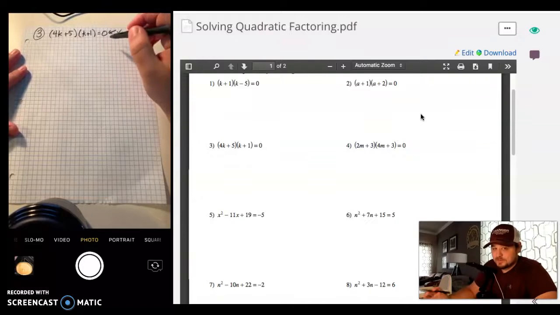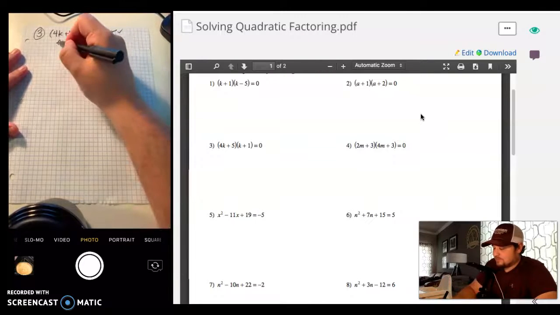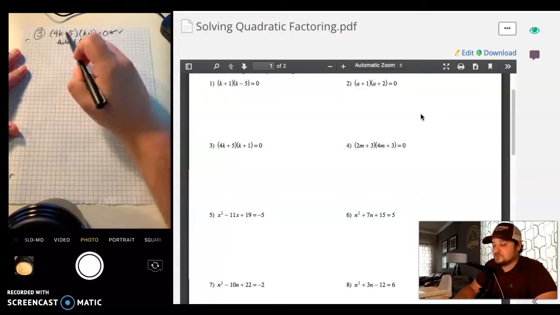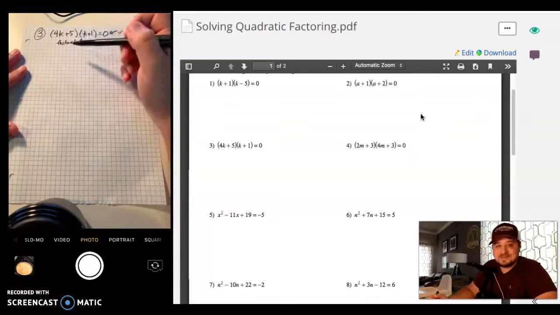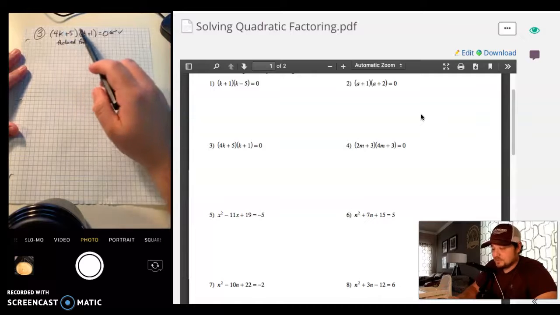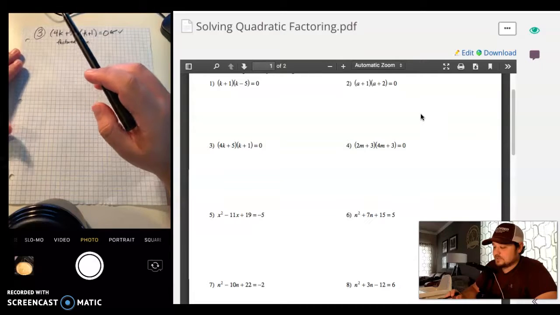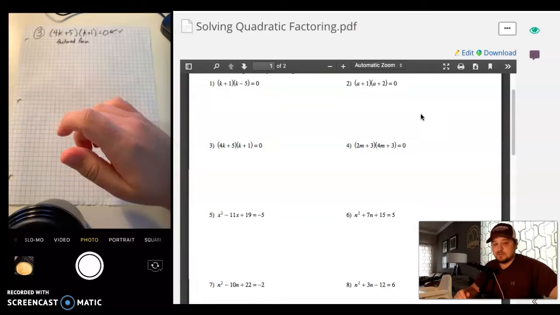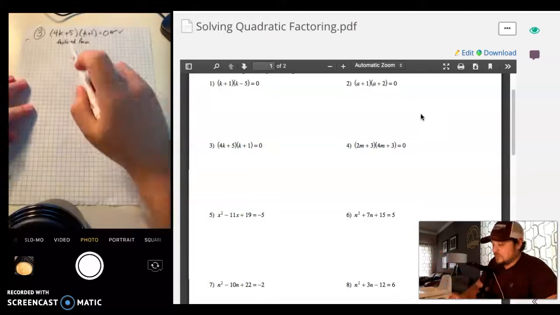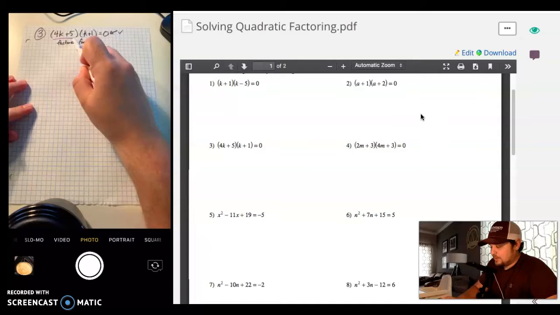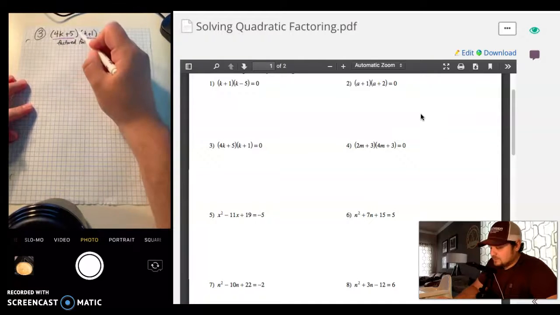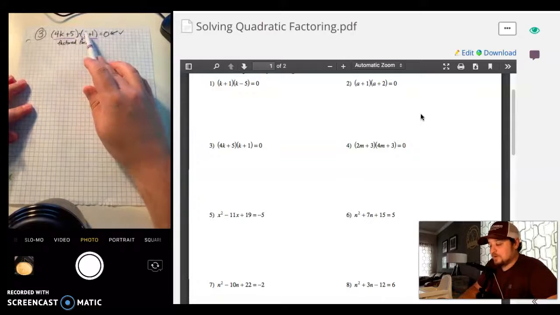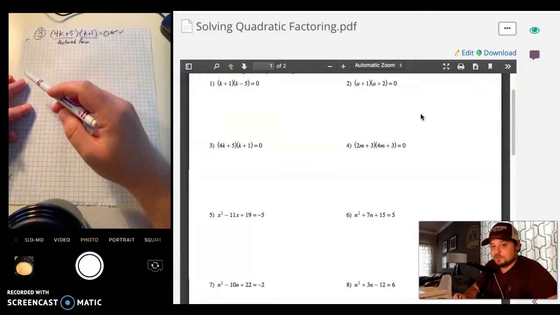Since we're equal to 0, we're also already in factored form. They've already found the two things that multiplied to give us that function. So we just need to take advantage of the zero product property here. If we have two things multiplied together and it equals 0, then at least one of those things has to be equal to 0.